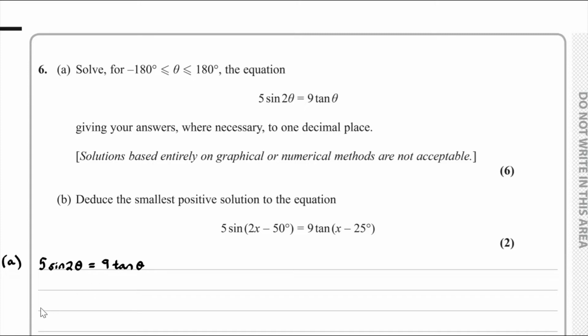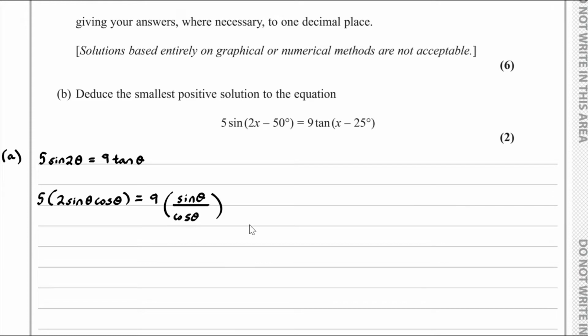sine 2 theta, that's the same as 2 sine theta cos theta. It's a double angle formula which you should know. And tan theta, that's the same as sine theta over cos theta. Okay?